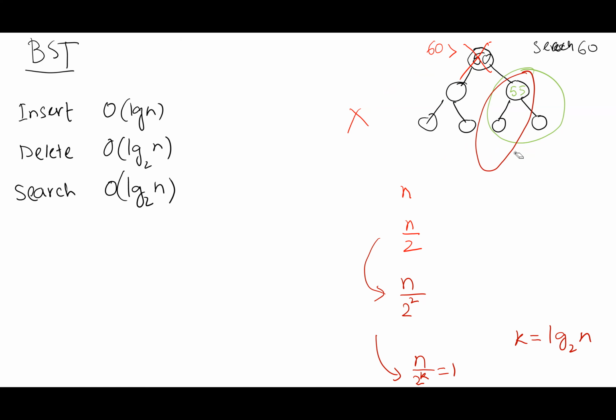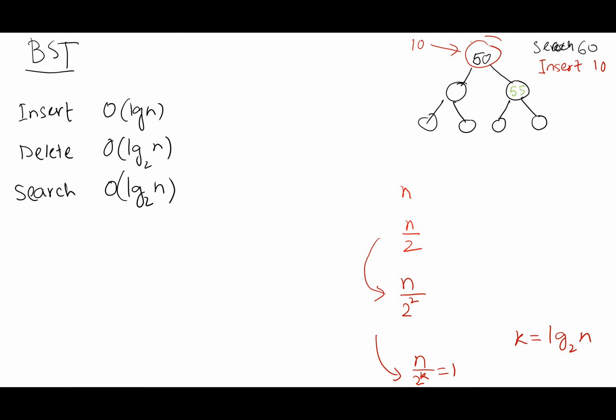Now, let's talk about the other ones. Insert. Suppose I want to insert 10. First I check again at the root, and I see that 10 is smaller than 50.